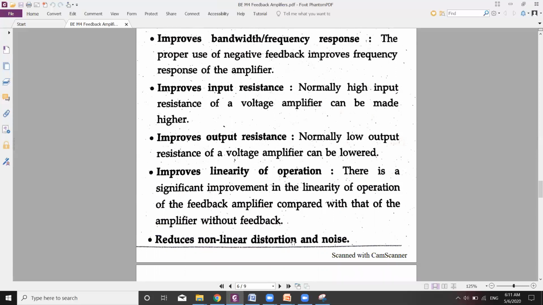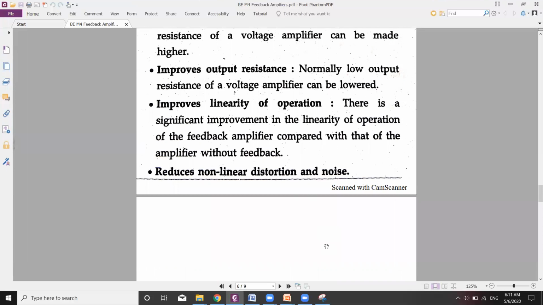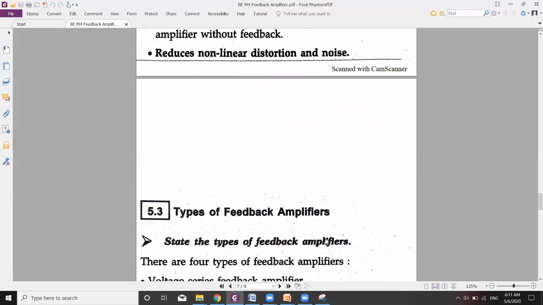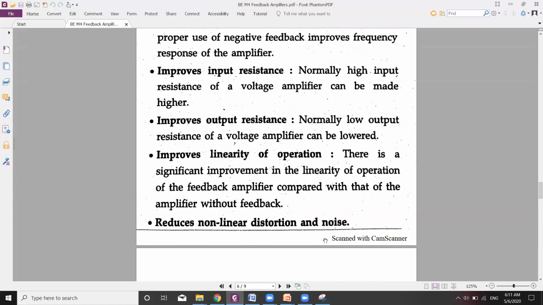And next, it reduces non-linear distortions. So this negative feedback amplifier reduces the non-linear distortion that is happening, and finally it reduces the noise that is going to occur in the circuit. Okay, so this is all about the properties and advantages of the negative feedback amplifier.